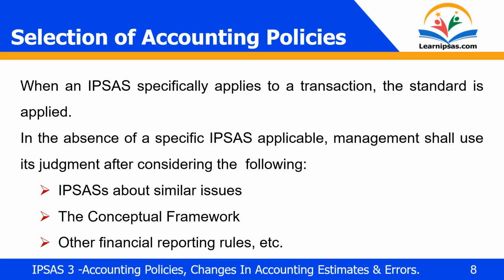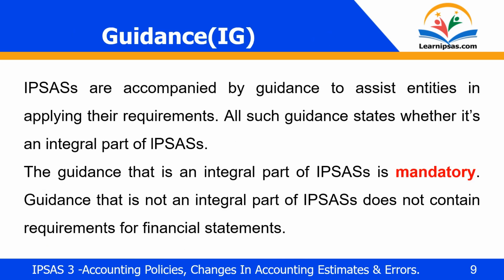If the conceptual framework doesn't talk about those issues, then you go to other financial reporting rules like generally accepted accounting standards, principles. If GAAP doesn't talk about those, then you use best practices. And here is where the hierarchy of selecting accounting policy comes in.